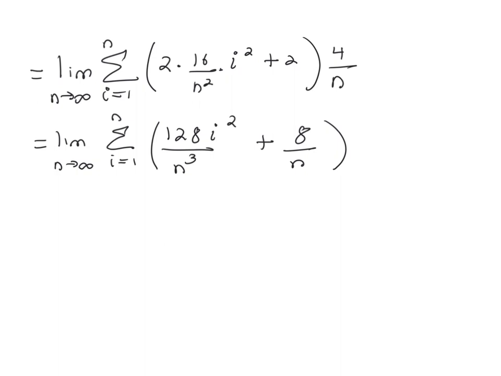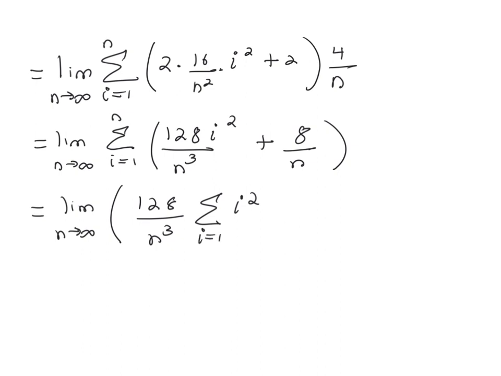We can break this up into two separate sums, and we can factor out anything that does not depend on I. So this becomes the limit as n goes to infinity of 128 over n cubed times the sum of I squared going from 1 to n, plus 8 over n times the sum of I going from 1 to n of 1.